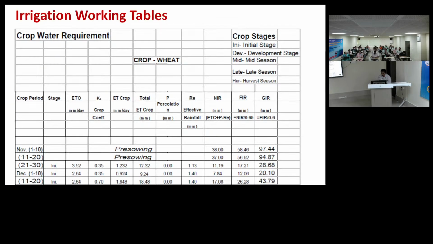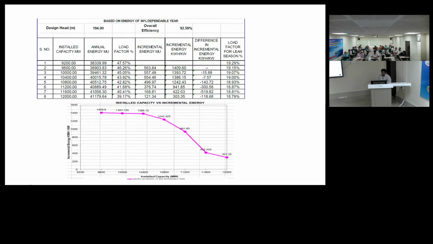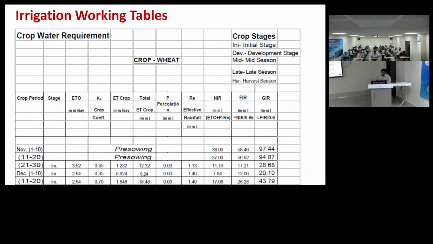Same for irrigation projects, we have to do irrigation working tables. I think this was taught in the previous lectures. Yeah. So for each crop you have to find out what will be the water requirement. Like you can see that in the November month, it's easy to divide the values into 10 days so that we can do analysis in an effective manner.